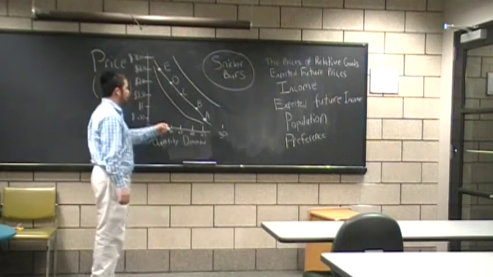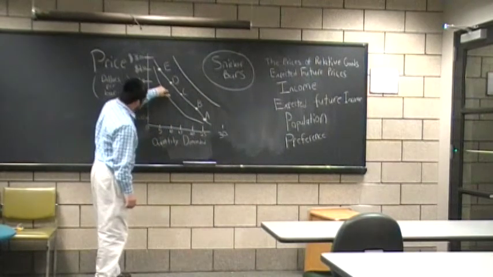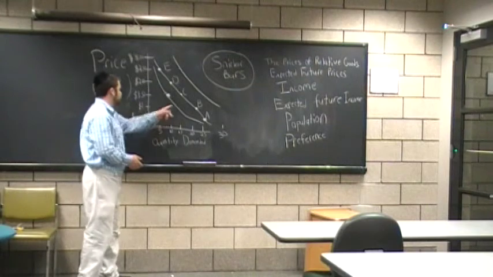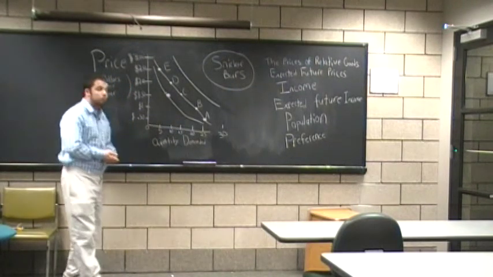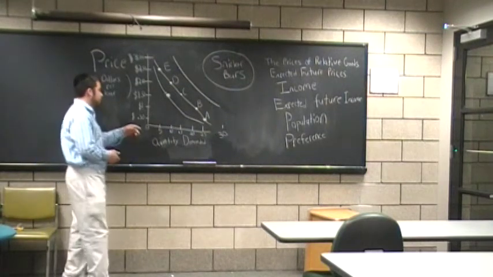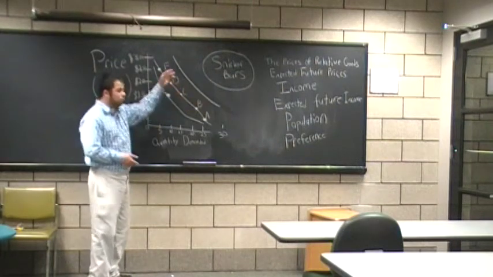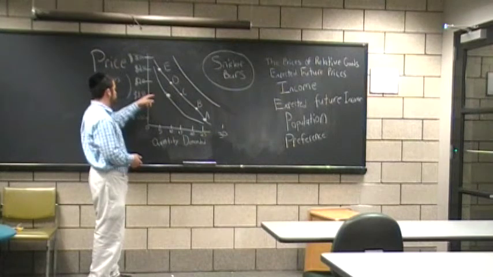And just to show what happens when the demand curve moves, let's say Snickers was selling at $1.50. Originally, it was selling to 15 million people in America who were willing to buy the Snickers bars in a year at $1.50. Something happened to cause the demand curve to move.